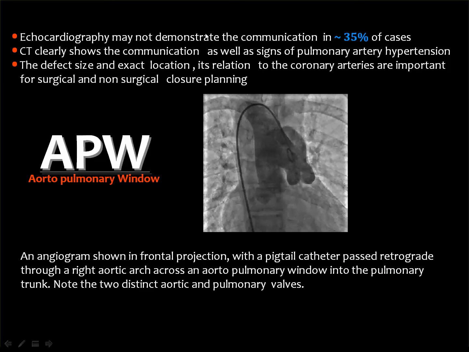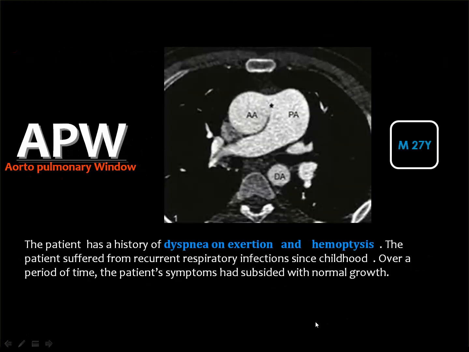Echocardiography may not demonstrate the communication in about 35% of the cases, and that's why we may need the help of CT or MR angiography, and sometimes you need the selective catheter angiography to assess the site of communication between both.